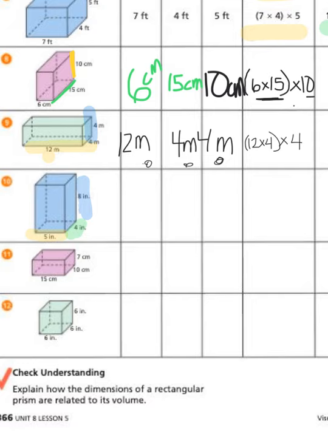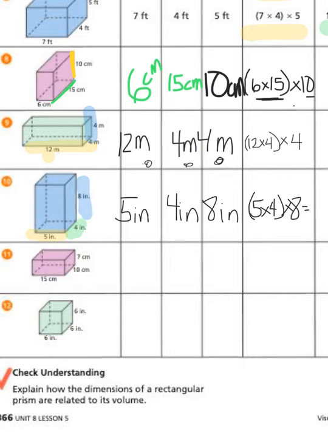So we would write 5 inches here, 4 inches, and I see I spelled inches wrong there, so we'll get rid of that, and then 8 inches. And then you would multiply parenthesis 5 times 4, parenthesis times 8, and see what you get.